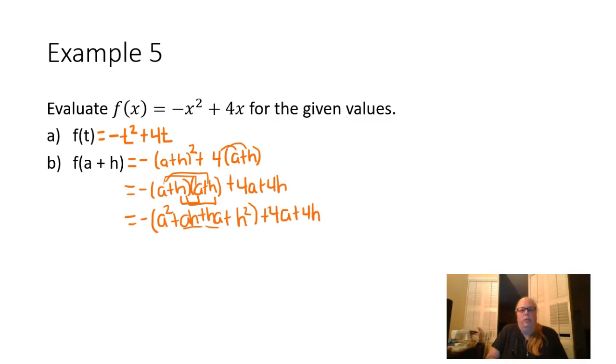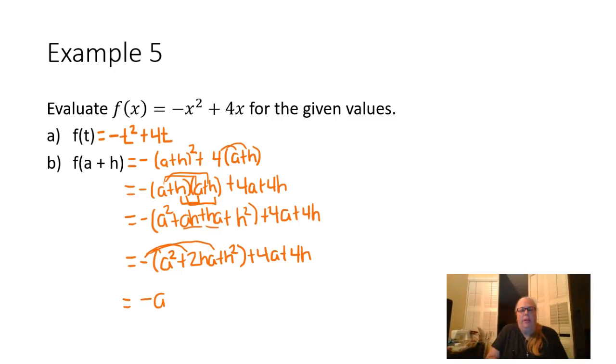All right, we'll add our like terms together right here. This is going to give us the opposite of a squared plus 2h's plus h squared plus 4a plus 4h. And finally, what we'll do is we'll take that negative and we'll distribute it into the parentheses.